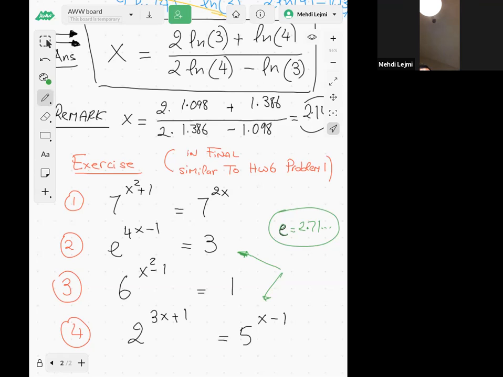Very good. Elizabeth, for number 3, that's plus or minus 1. So for number 2, guys, just apply the same trick. Apply natural log to both sides.